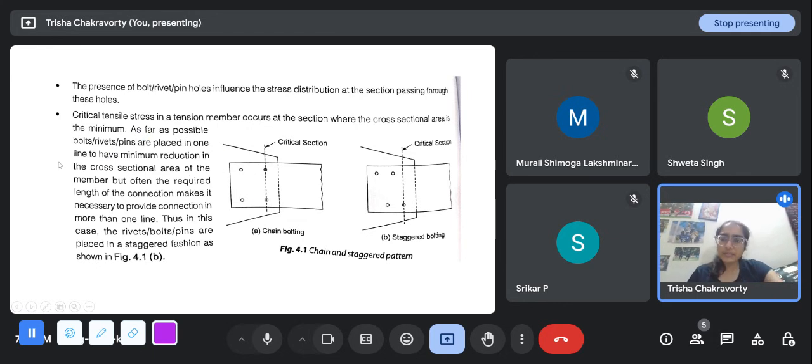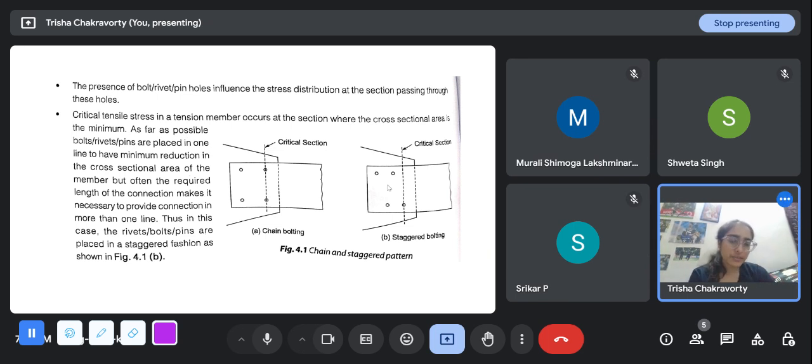As far as possible, bolts, rivets, pins are placed in one line to have minimum reduction in the cross-sectional area of the member, but often the required length of the connection makes it necessary to provide connection in more than one line, in most of the cases. Thus, in this case, the rivets, bolts, pins are placed in a staggered fashion. We'll see later in this class why this helps.